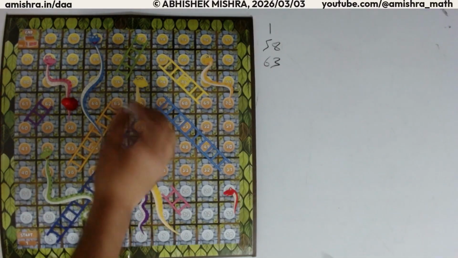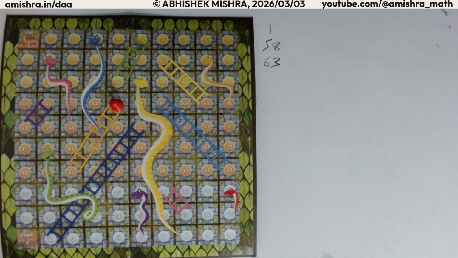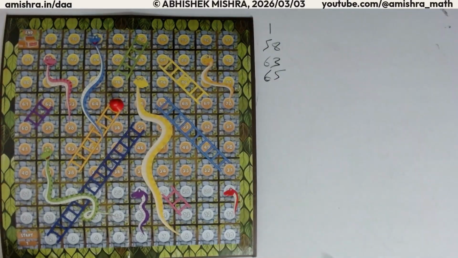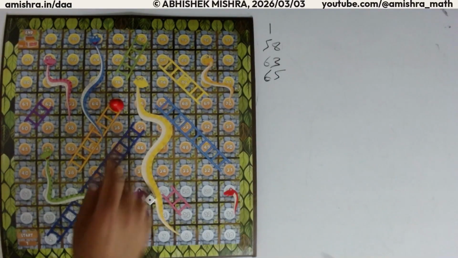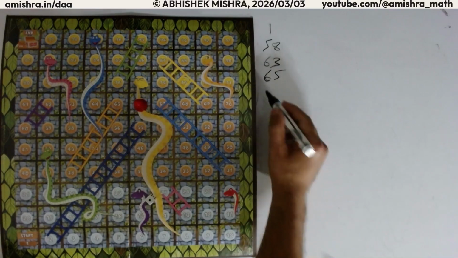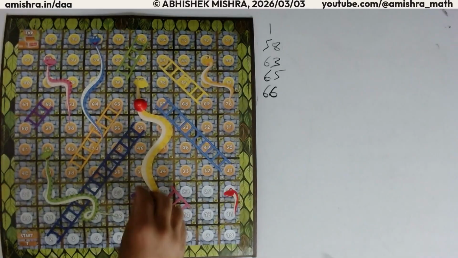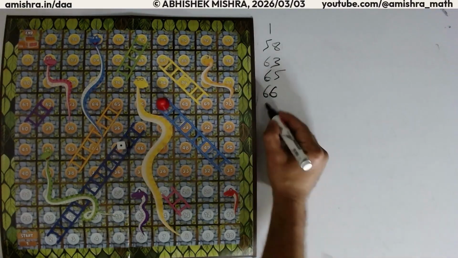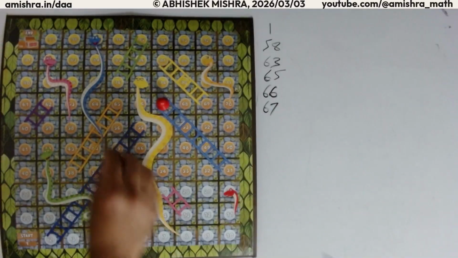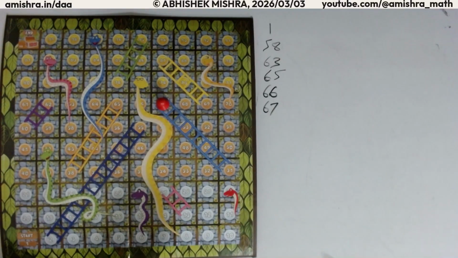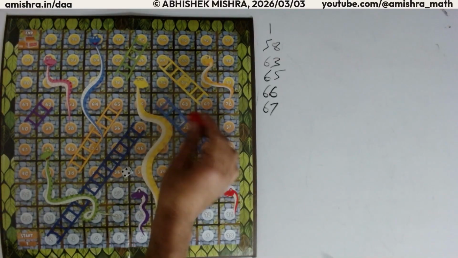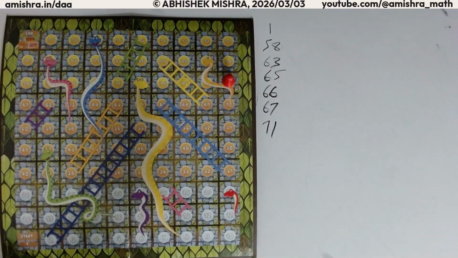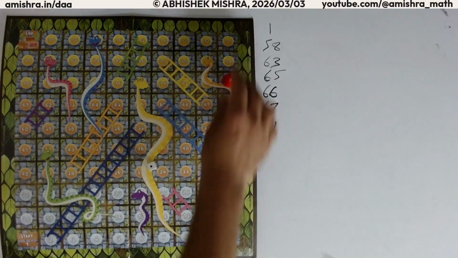Two, so 65. Next we have 1, so 66. Next move again 1, 67. Next move 4, 71. Again 1, 72.